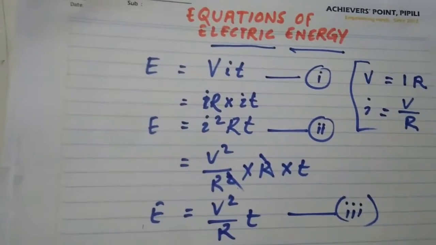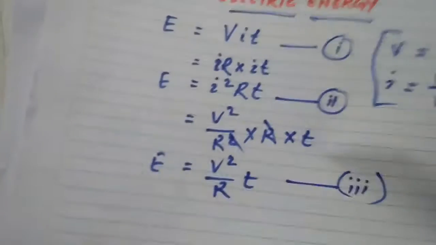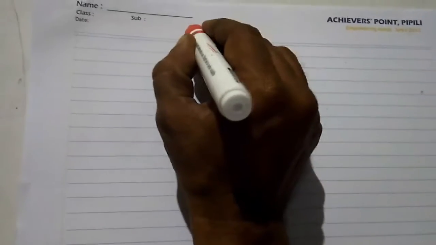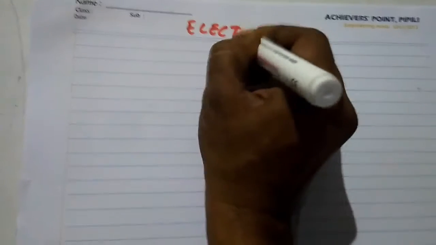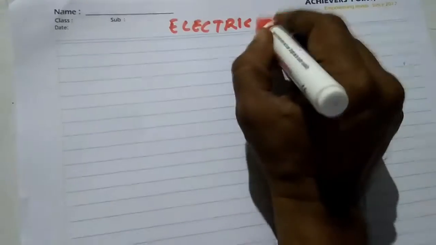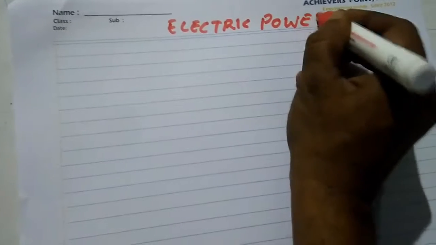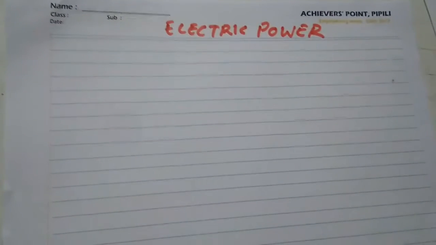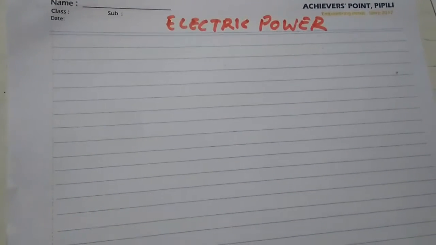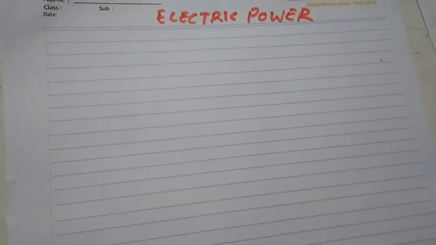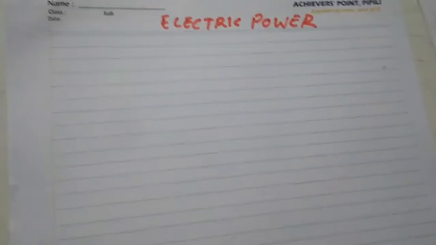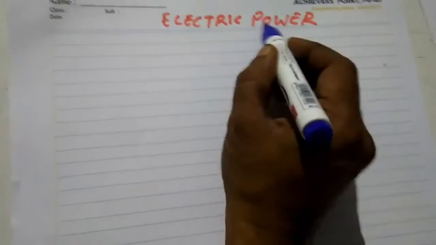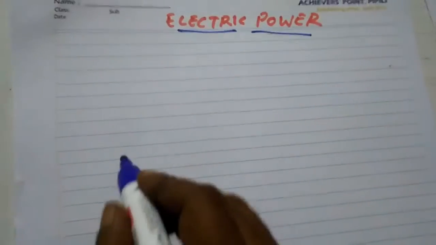Power is the rate of doing work, that is W by T. So it is the rate of doing work or the rate of consumption of energy. We can also say that power is the rate of consumption of energy.